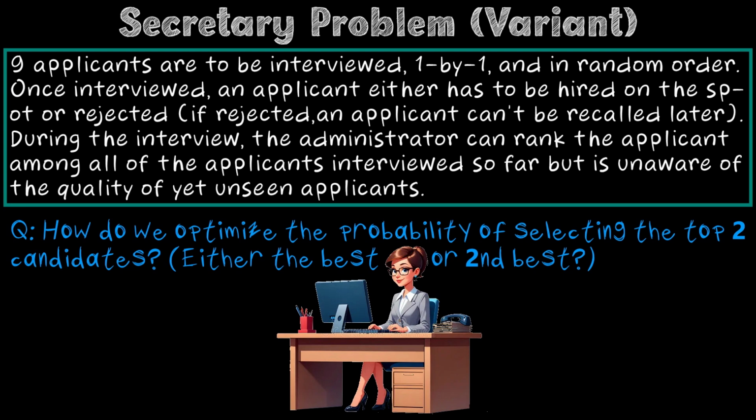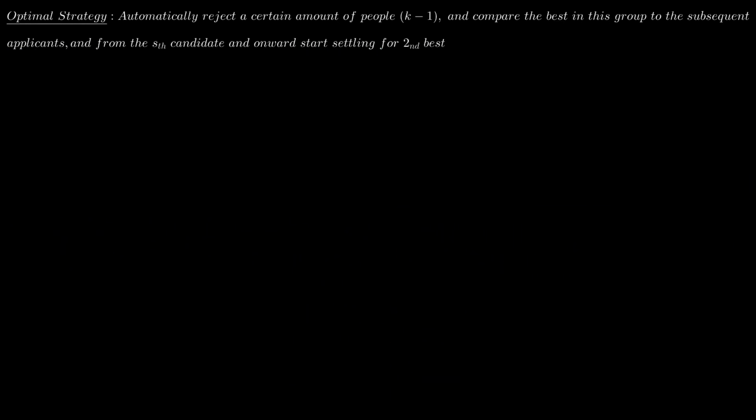Okay, so how do we go about solving this problem? It looks bewildering. Well, this variant is a little trickier and more complicated than the previous one. Besides finding the optimal number of rejects, or k minus 1, you have to find the optimal of what I call S. Namely, we automatically reject the first k minus 1, and we stop at the first candidate that is better than the best in k minus 1, like we did before.